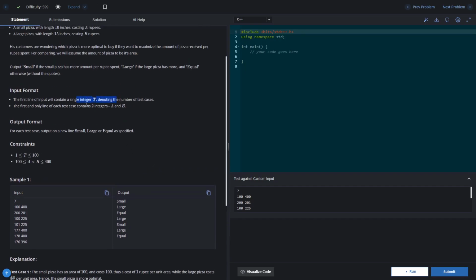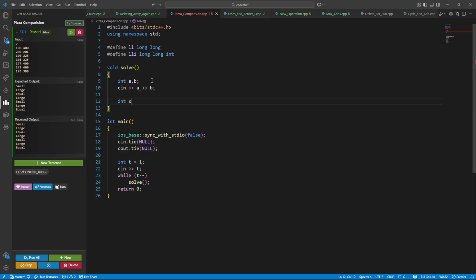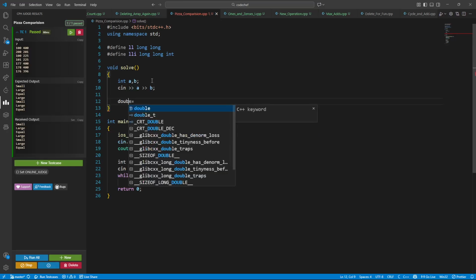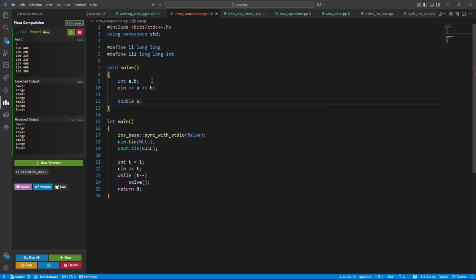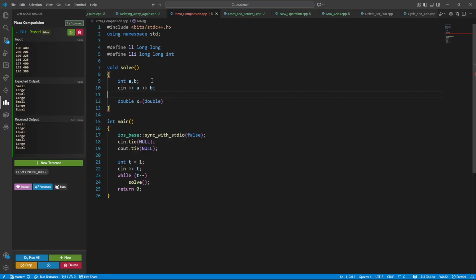We have test cases, and for every test case we have integers a and b. Let's take x. As I said, it should be a double because the decimal part also needs to be taken care of, and you need to typecast a to double.